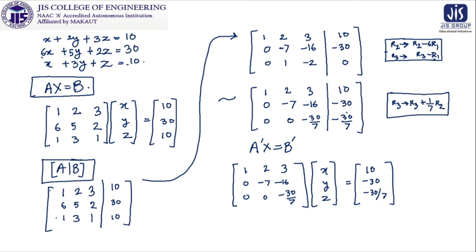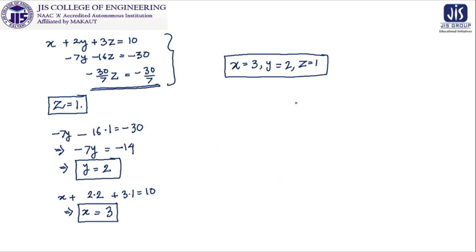In the second equation, we can substitute 3, so it will be 18 plus 2, that is 10, that is 28, plus 2, that is 30. And in the last equation also, if you substitute the values, you will get it is satisfied. So we are now getting the solution of the system of linear equations by the Gauss elimination method.